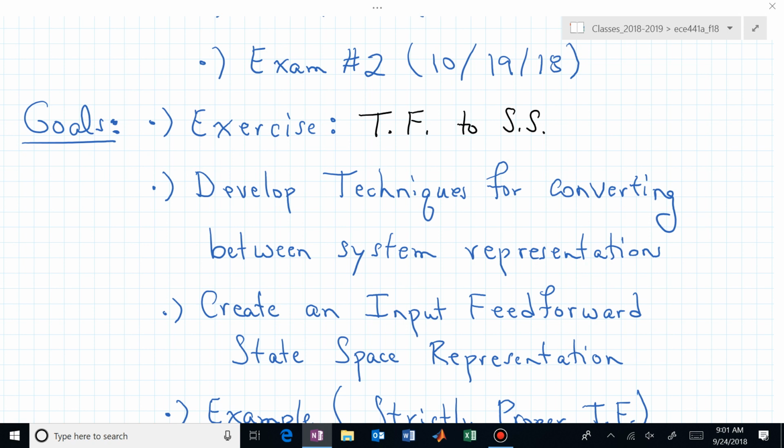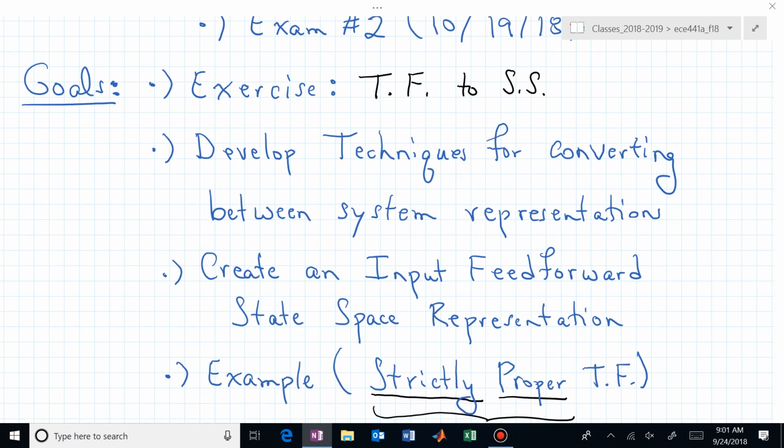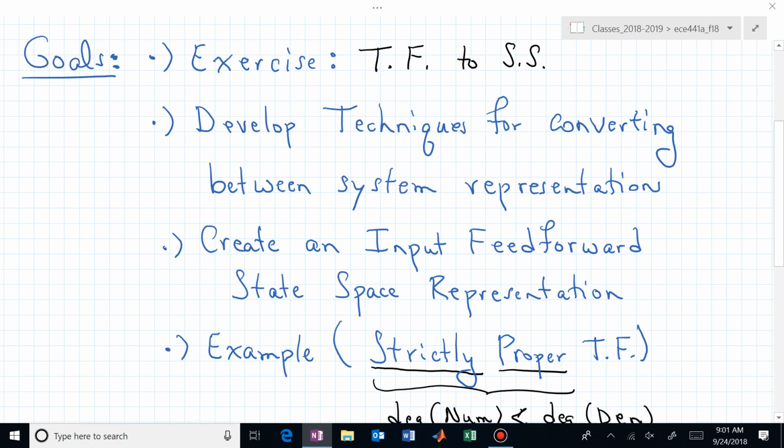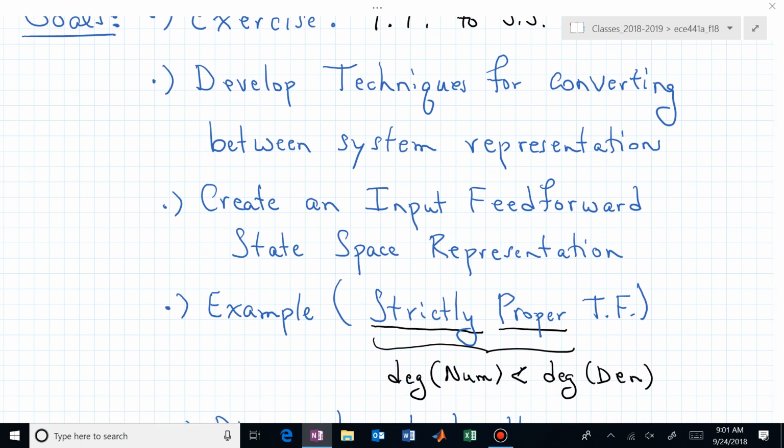Today we'll start with an exercise going from transfer functions to state space. We really haven't talked too much about that, and so I want you to start thinking about how we go from a transfer function to a state space, and then we will discuss in general the techniques that we have developed for converting between different system representations.